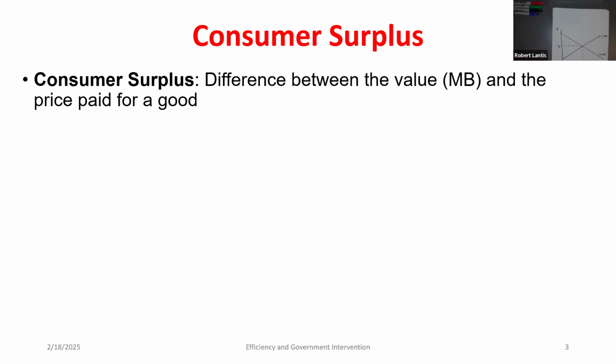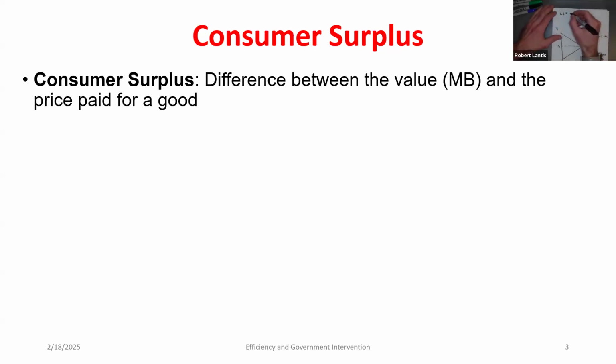Okay? So if this market is in equilibrium, we're going to start to think about something that we call consumer surplus. So the consumer surplus that exists from any one unit, when you go and buy something, what is the total net benefit to you?